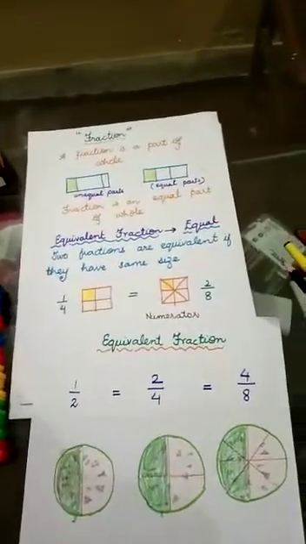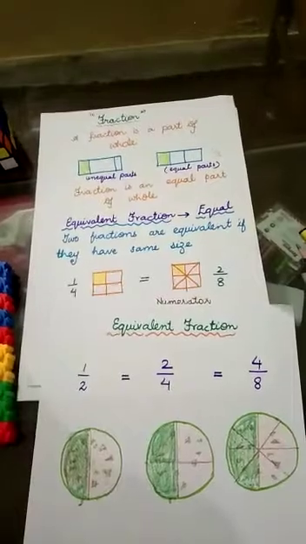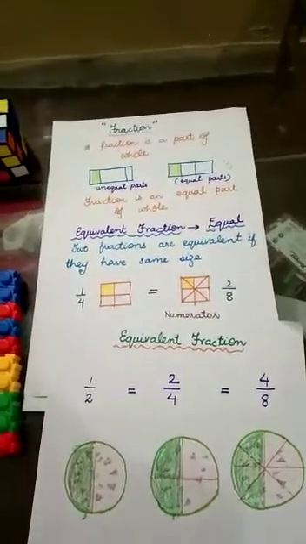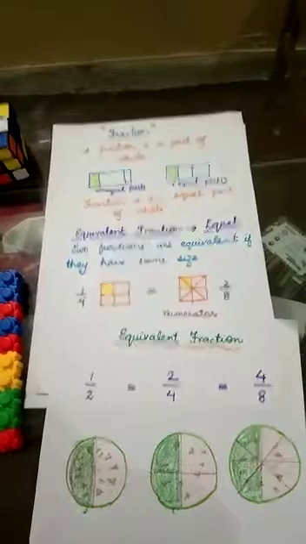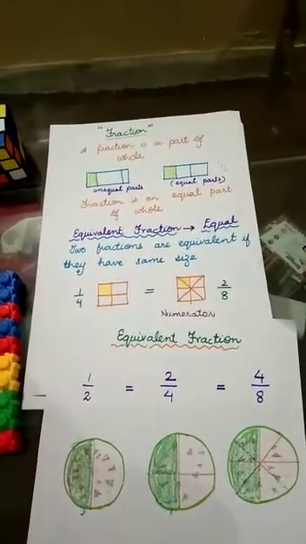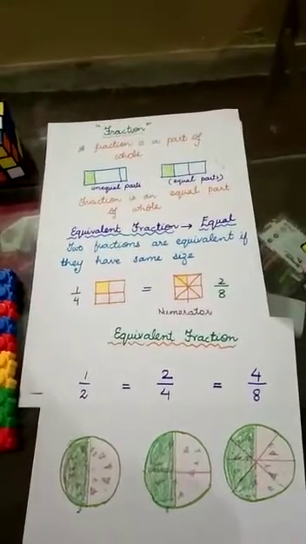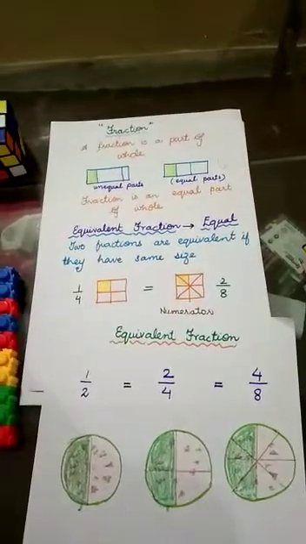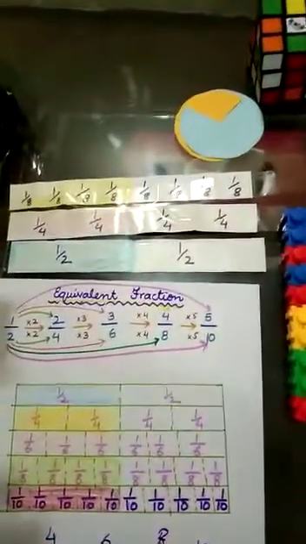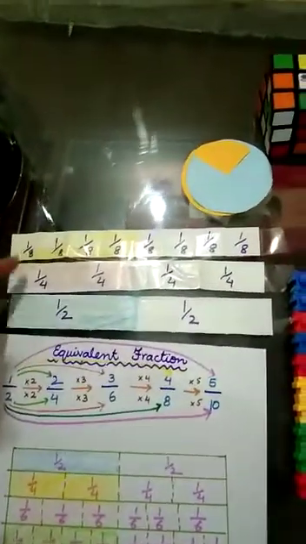And I have introduced equivalent fractions also. Equivalent fractions, as the name indicates, are equal. I gave you many examples that equivalent fractions have the same size but represent different numbers. Do you remember?